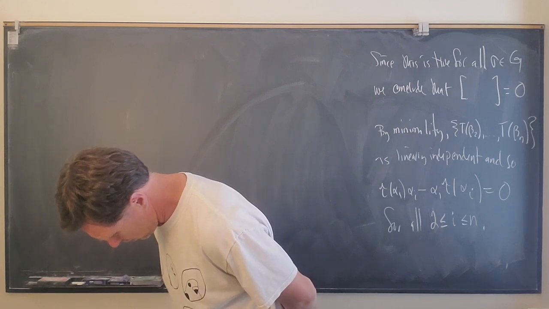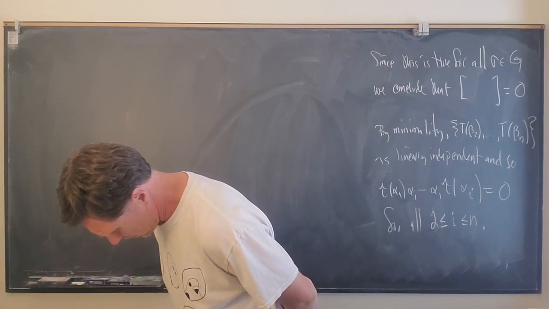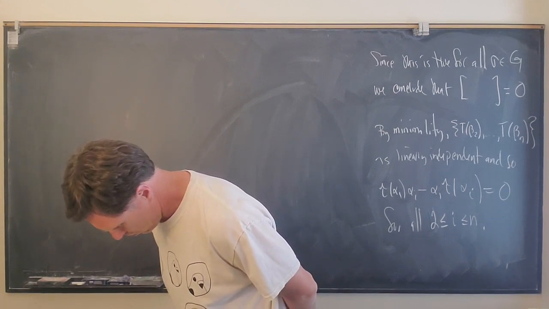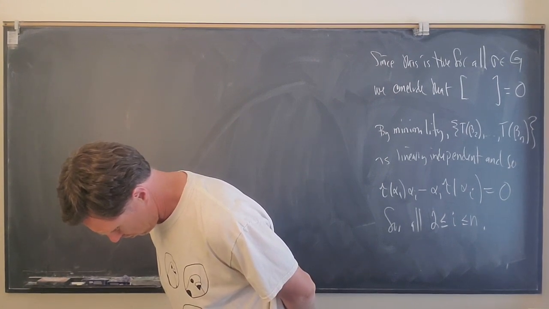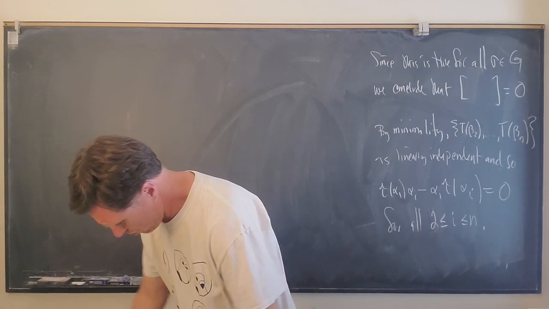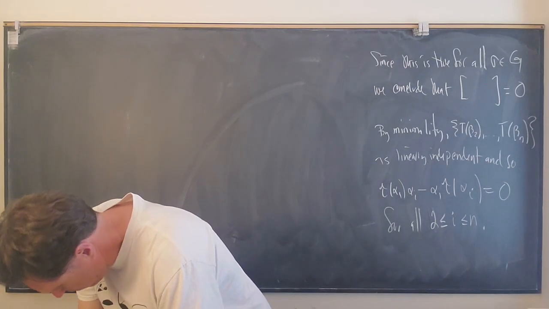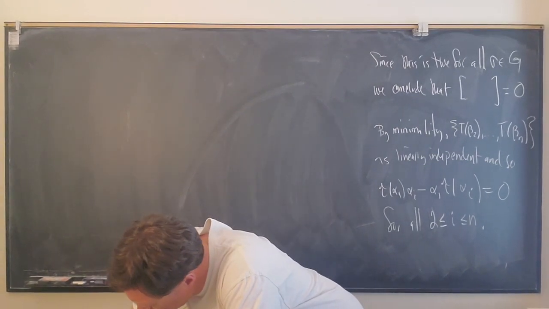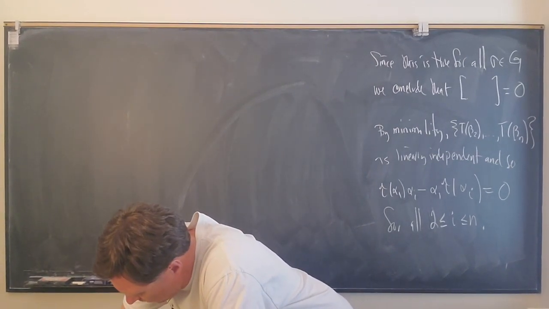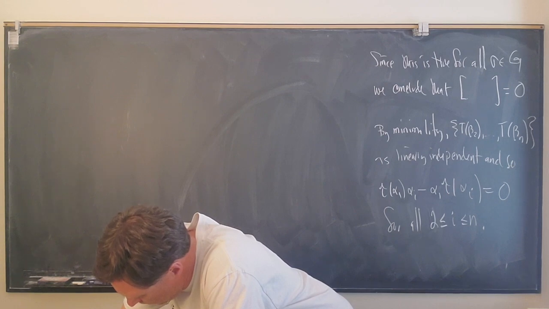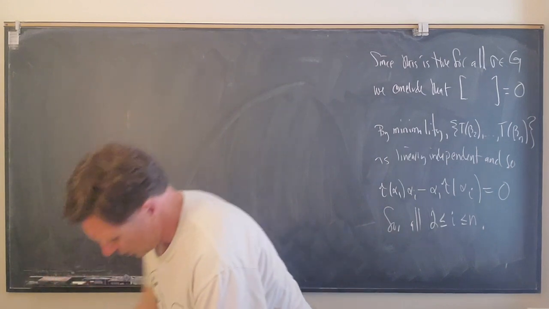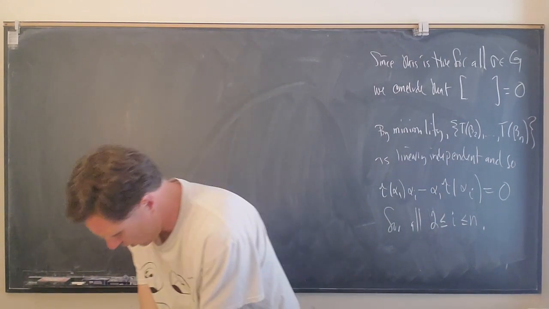Why tau inverse? Made sense last night. Wait, why am I doing tau inverse? Well, okay, let me just do the steps because now I'm not actually seeing what happened here.